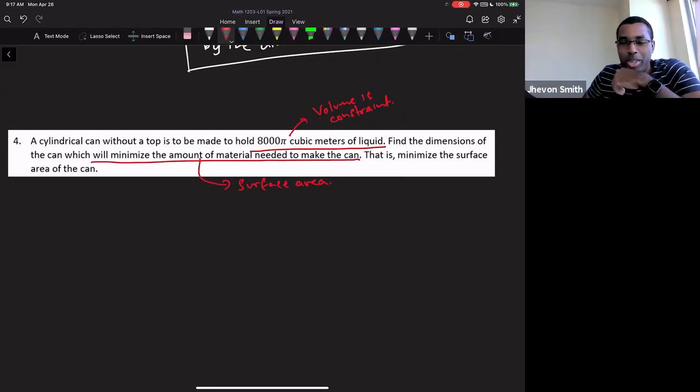Normally in a test or a quiz, I wouldn't have said that. I copied this problem from somewhere. They were very nice to tell you what they wanted to minimize. I would have ended at that sentence right there, actually. So yeah.